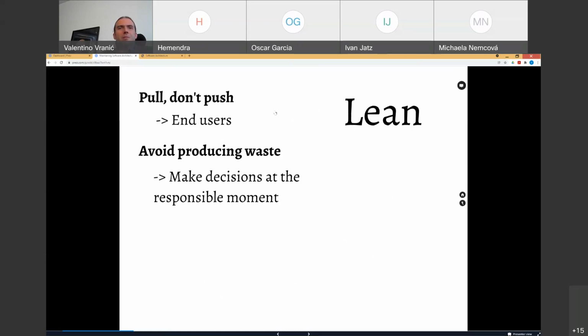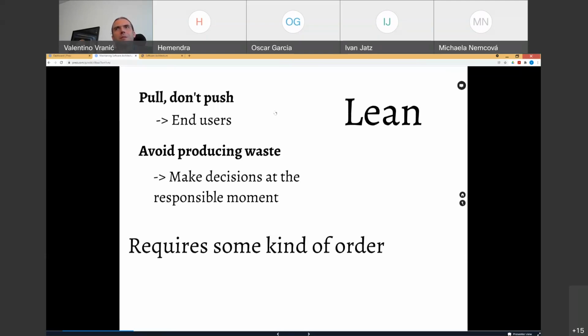So these are lean principles, and we talked about lean architecture, and this kind of architecture requires some kind of order, but not too much order, not the order that will enslave you, but an order that will make sufficient space for your decisions.